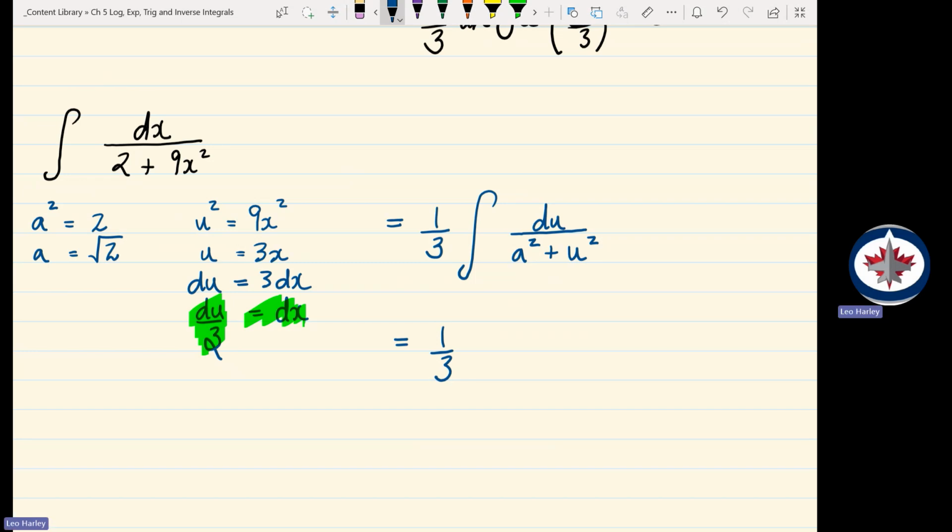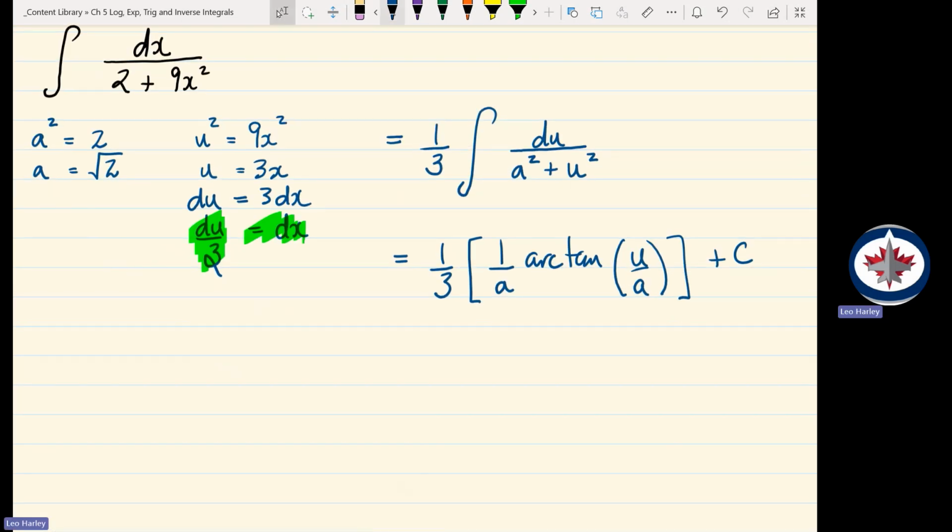Is it arc... now be careful though, it's going to be 1/3. So arctan is going to be 1 over a. If we're going to do this by the letter, then it's going to be arctan of u over a plus C. However, we want to answer the question in terms of x and in terms of the constant that we know.